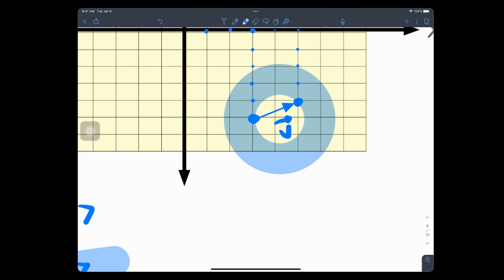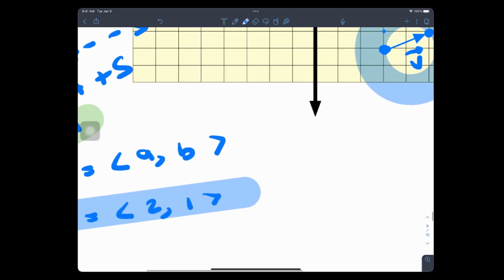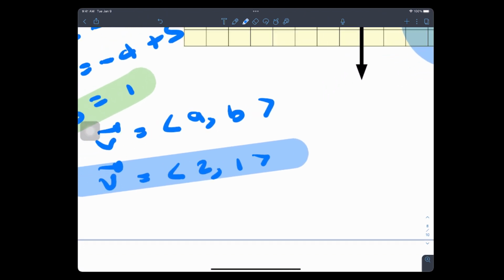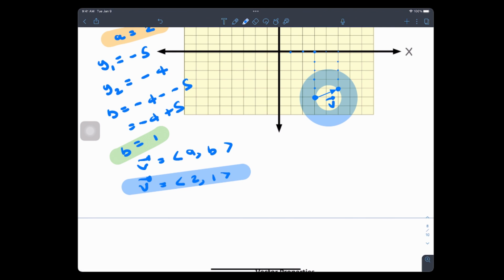All right, you guys okay with that? And you also have the what? Component form. Now, that's important. Can you guys tell me what's the magnitude? Isn't that square root of 2 squared plus 1 squared? Is that square root of 5?